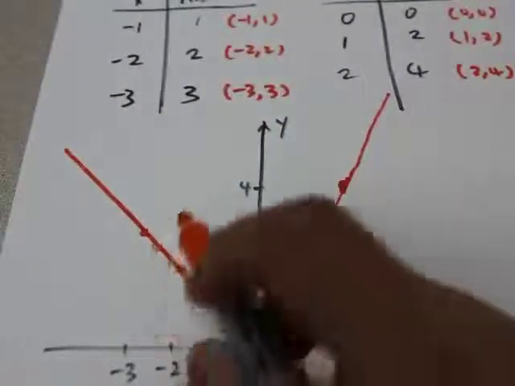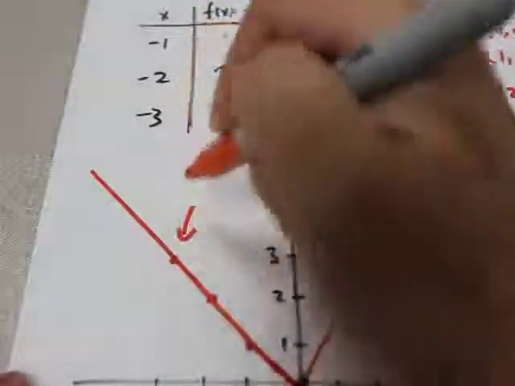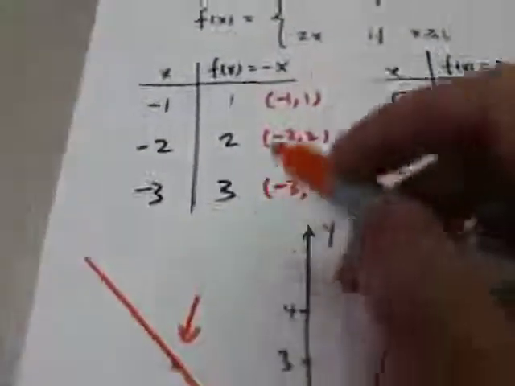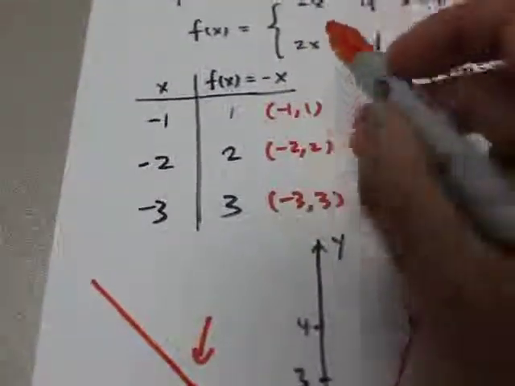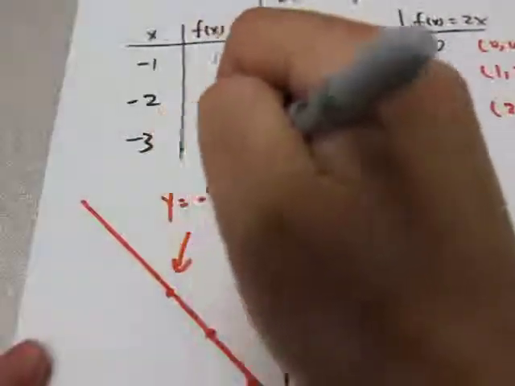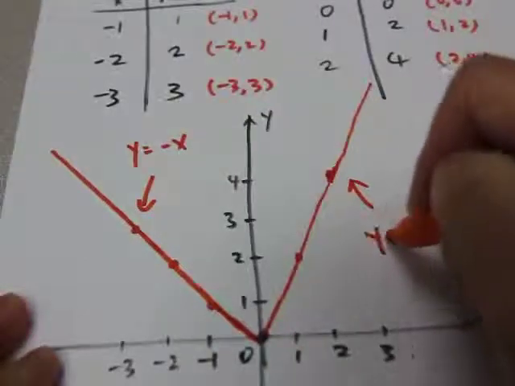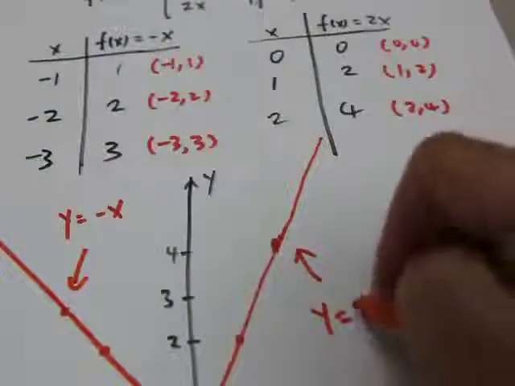And then I have the graph of this piecewise function. So this piece corresponds to the equation y equals negative x, and this piece corresponds to the equation y equals 2x.